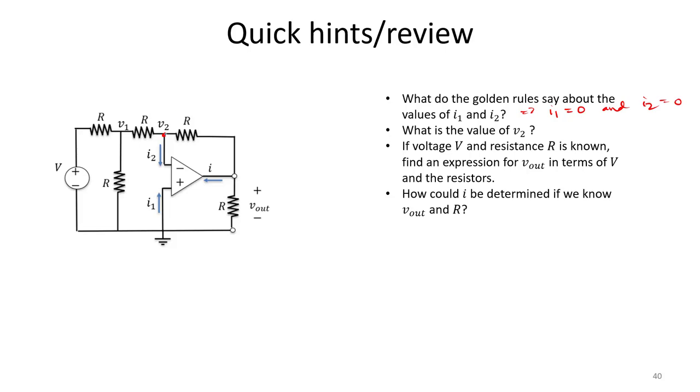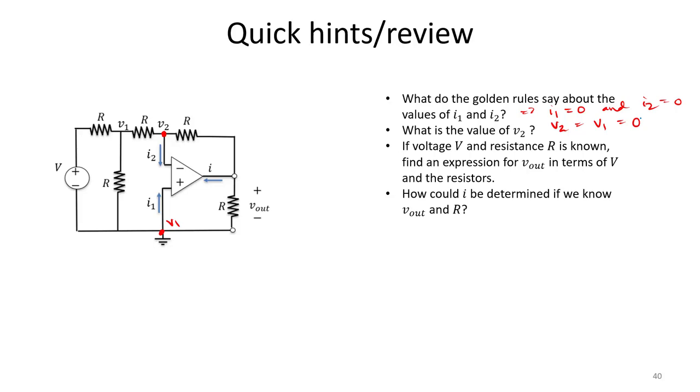V2 is our voltage at our upper input. By the golden rules, we know that V2 must be equal to V1. And in this case, V1 is connected to ground, so V2 and V1 must be 0 by the golden rules.